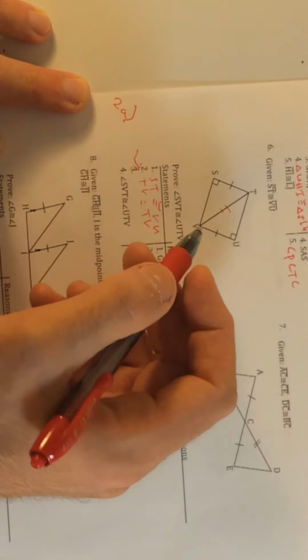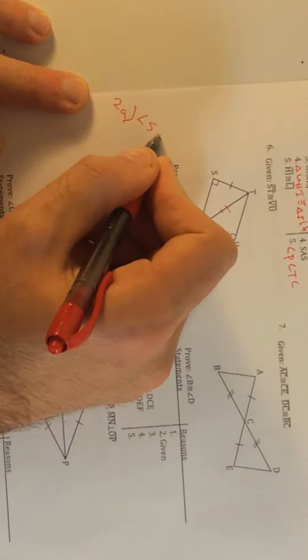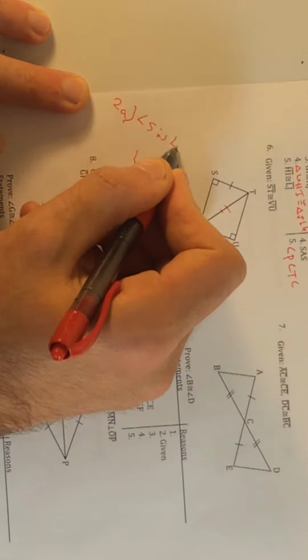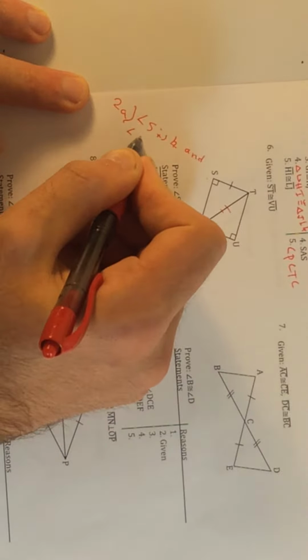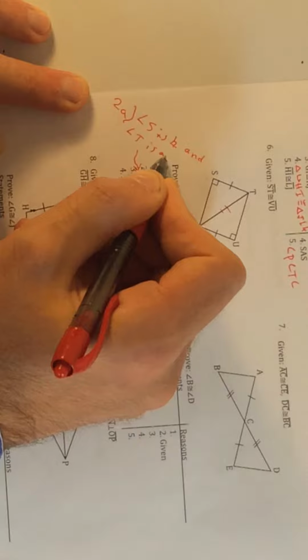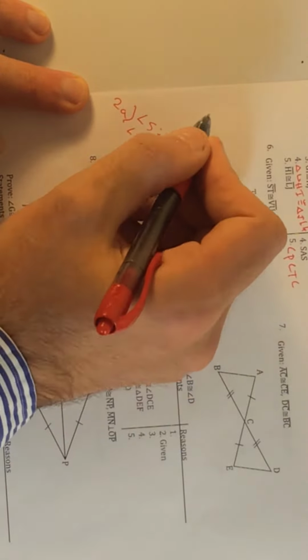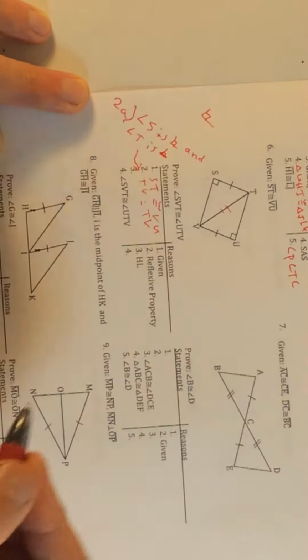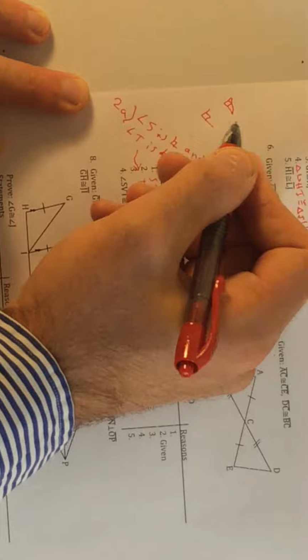So both of these are 90 degrees. So I'll say angle S is a right angle, and angle T is a right angle. This sign here just means right angle. If you see this sign, that means right triangle.